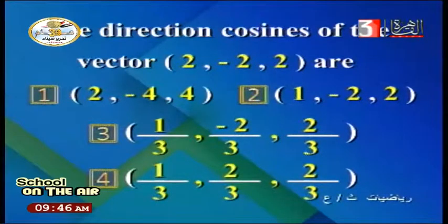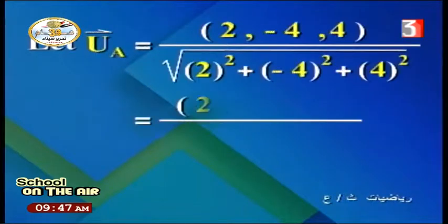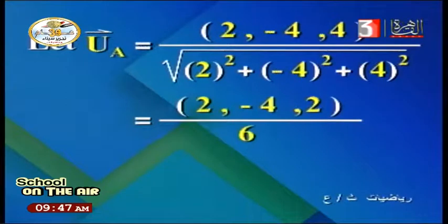After that, we divide each component by the norm to get the unit vector, the vector over its norm. (2, negative 4, 4) over the square root of 2 squared plus negative 4 squared plus 4 squared, square root of 36 equals 6 in the denominator.